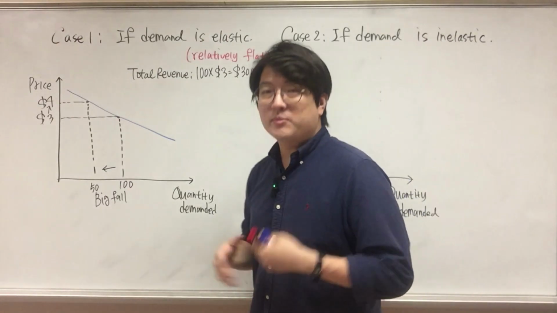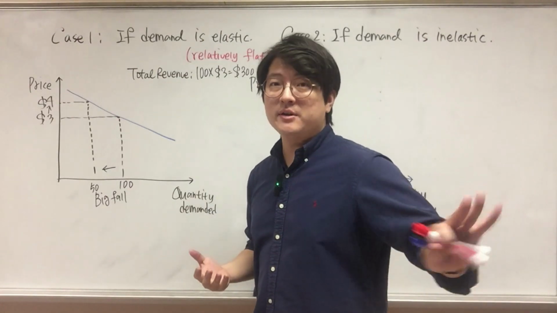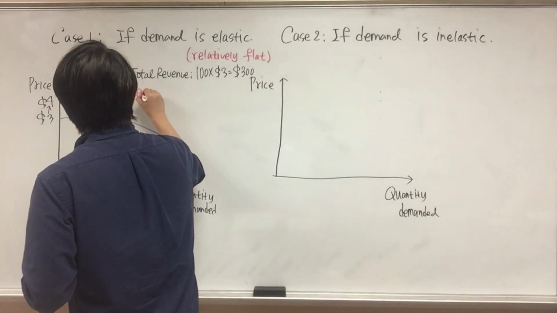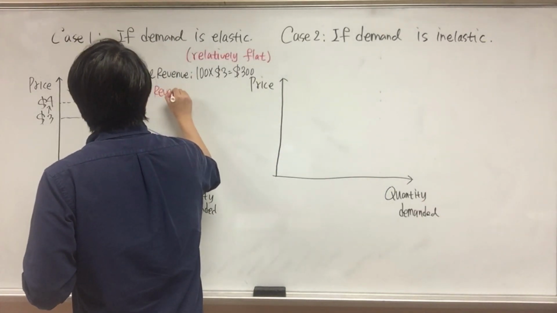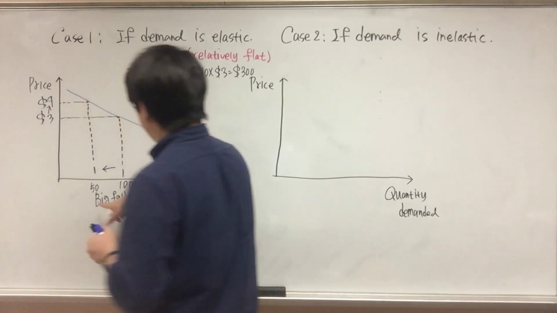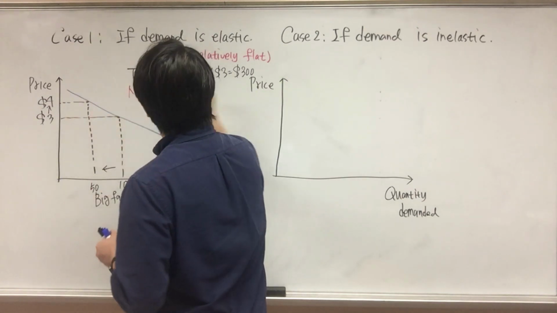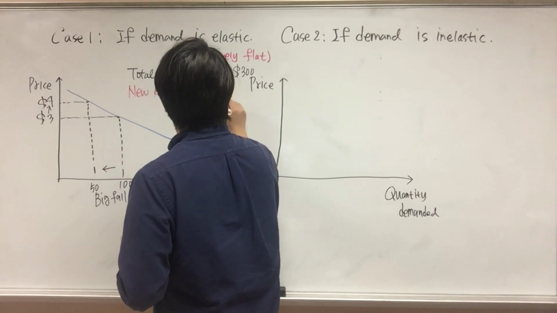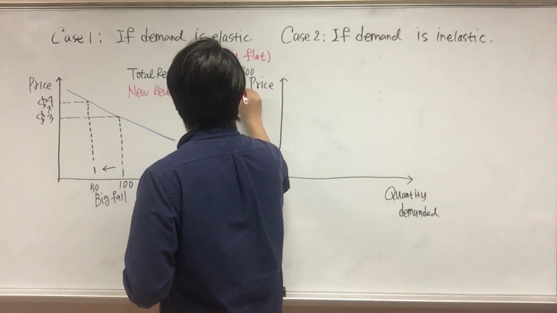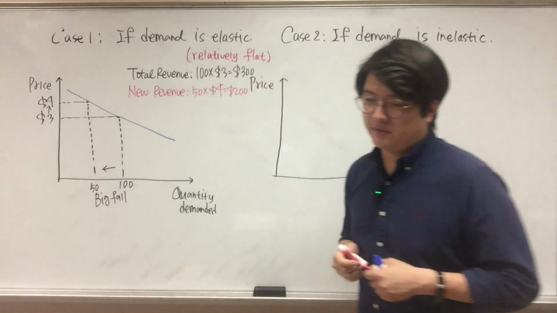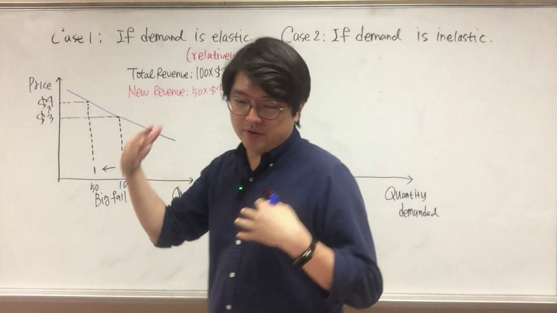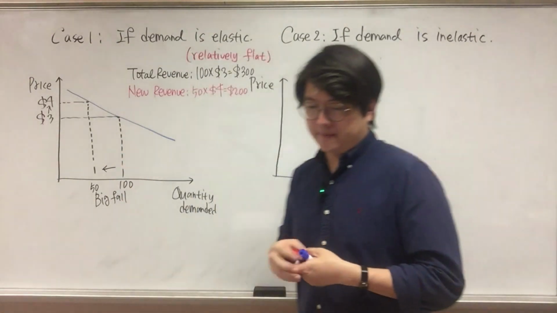But after changing the price to $4, what is the new revenue? 50 times 4, so we have $200, right? So it means that higher price leads to less total revenue.